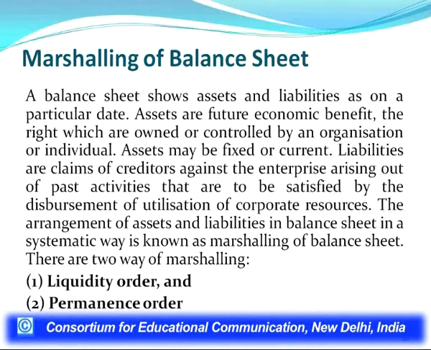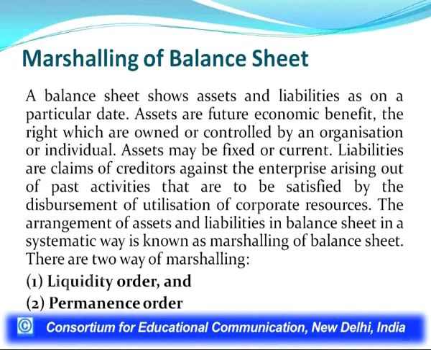As we know, the assets may be non-current and current, liabilities may be non-current and current. So, it depends again upon what format we want to show. There are two orders, one is liquidity order and another is permanence order.